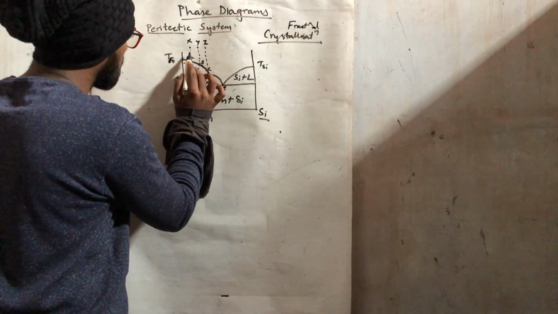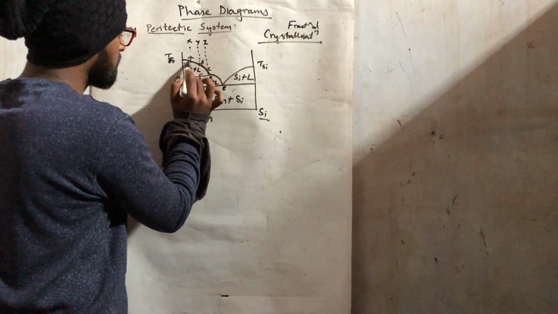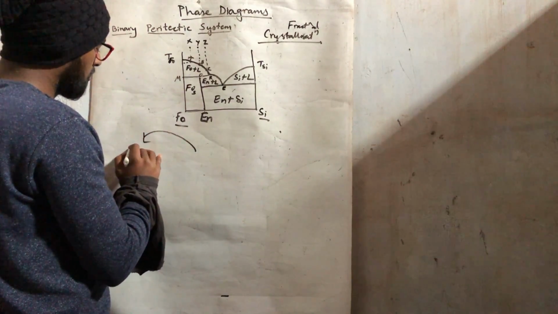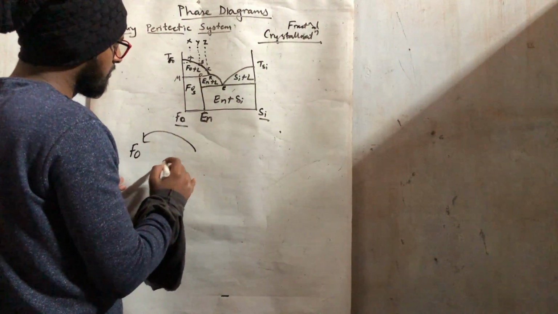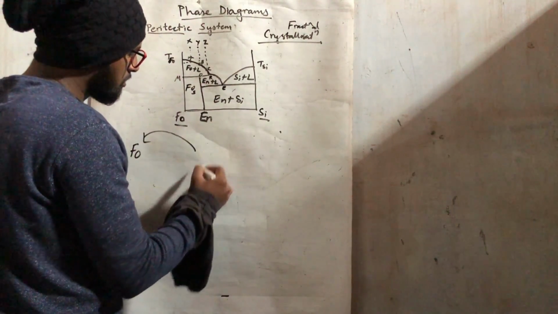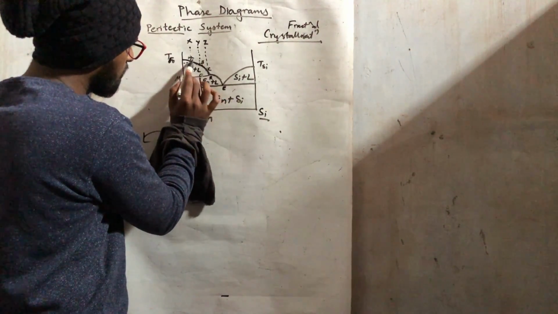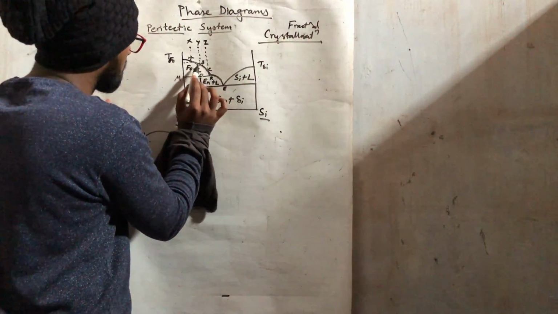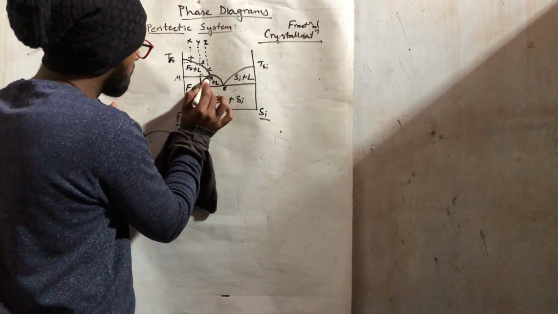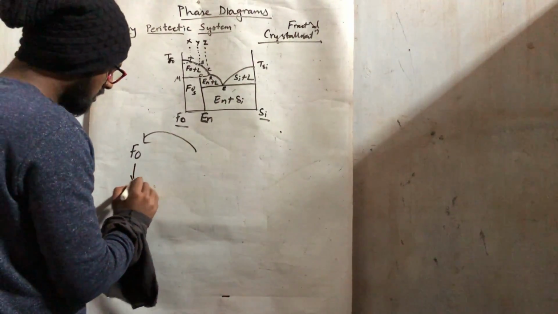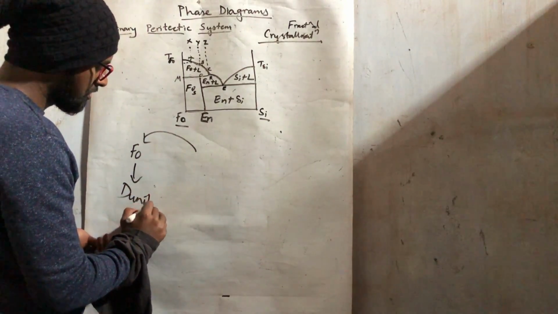This melt X first will produce forsterite solid, and the forsterite solid will be taken away from the total system. Therefore, the forsterite in the total system will keep decreasing as we move along this line towards R. Up to point R the forsterite will totally get out, and it will produce a rock named dunite.